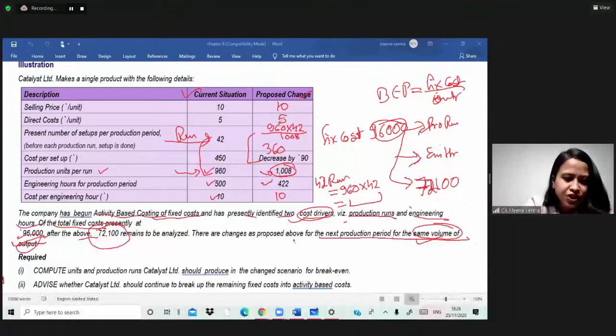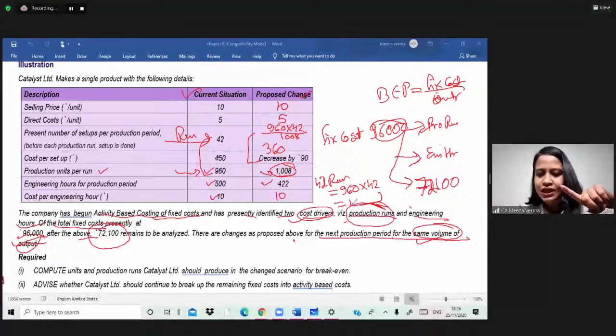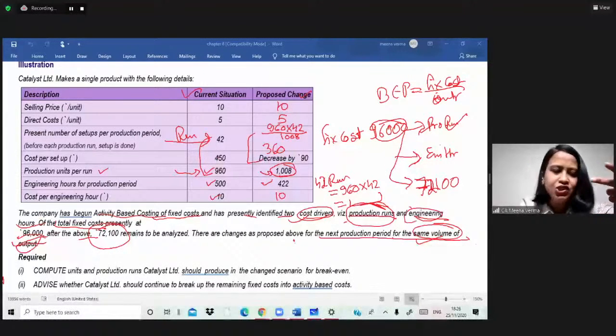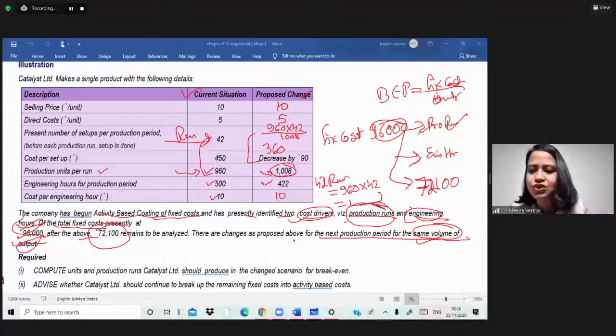One fixed cost is related to production run, and we will find the cost incurred because of it. Then we will consider the engineering hours, and on that basis we will consider this fixed cost.